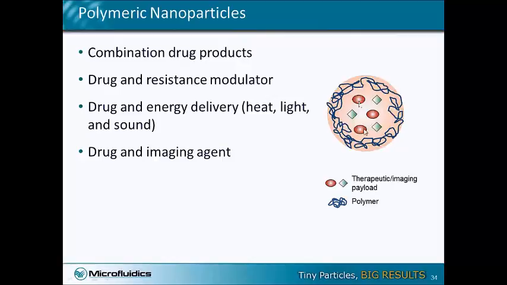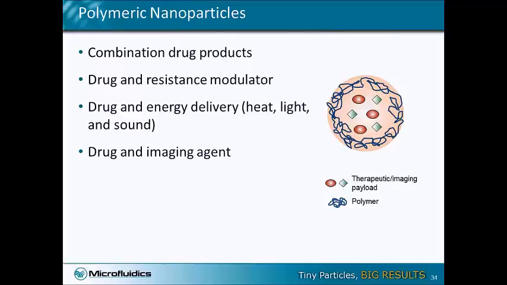Also, their surface can be easily modified to include targeting moieties, so you can achieve desired target delivery properties. The other thing interesting for polymer nanoparticles is you can encapsulate both the therapeutic payload as well as the imaging payload inside at the same time, which offers you the capability of performing diagnostics and therapeutics at the same time.